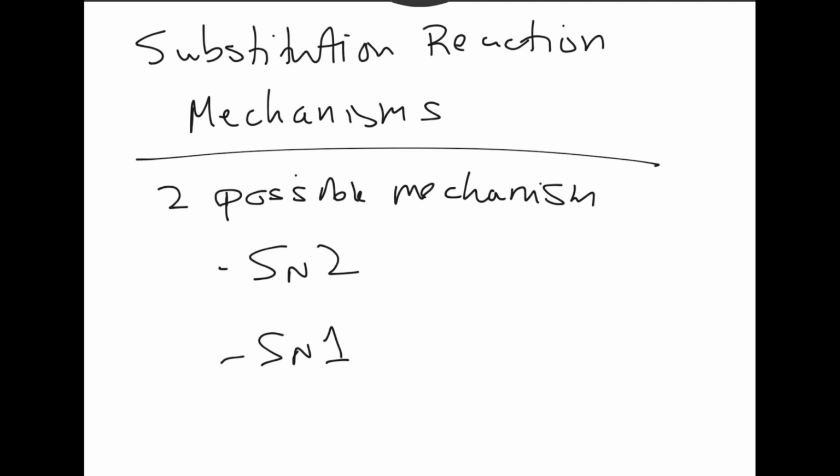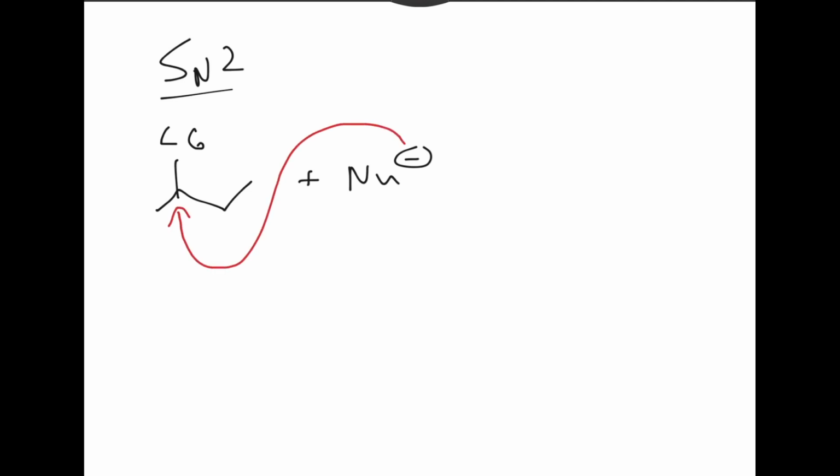So your basic SN2 mechanism: you have your leaving group, you have your nucleophile, and in a single step, your nucleophile attacks the carbon that has the leaving group and pushes the leaving group off the molecule.